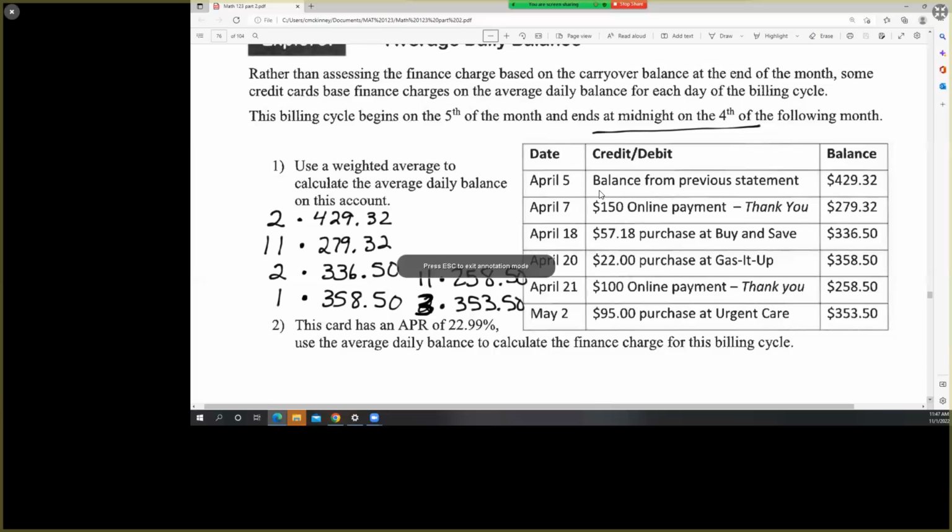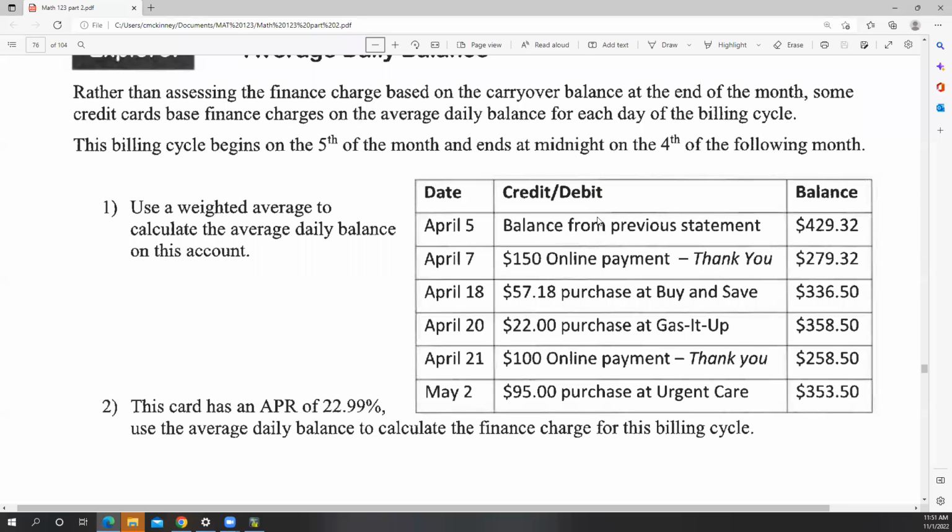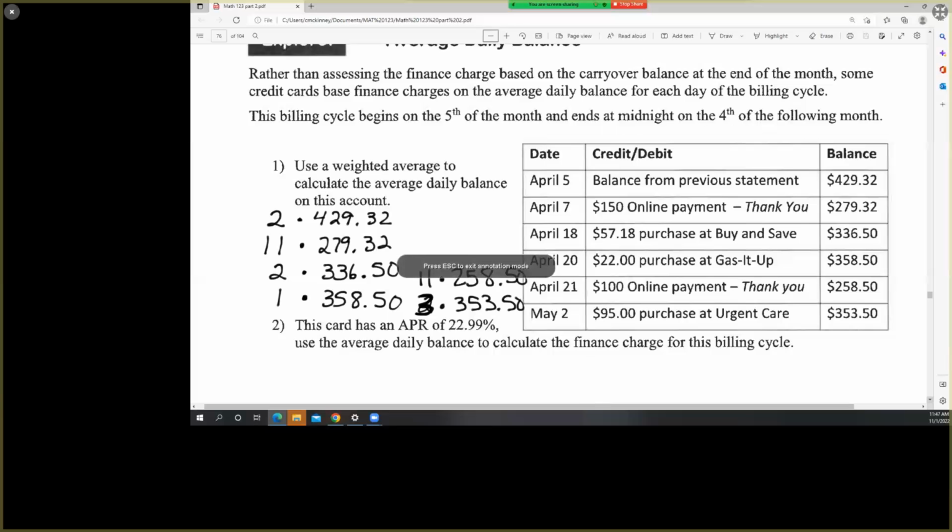So we are multiplying all these and adding them up, like what we did when we did weighted average before. Plus 11 times 279.32, plus 2 times 650.